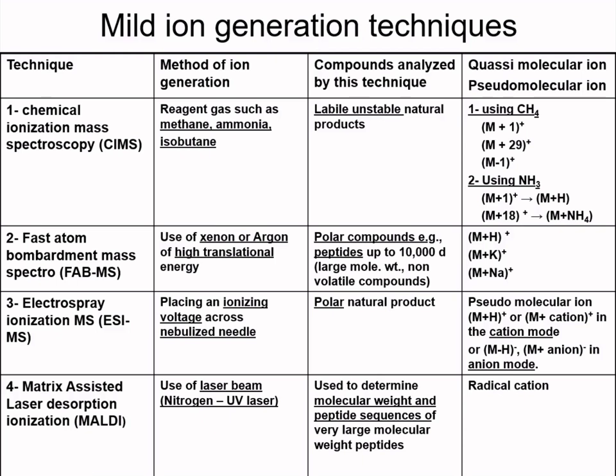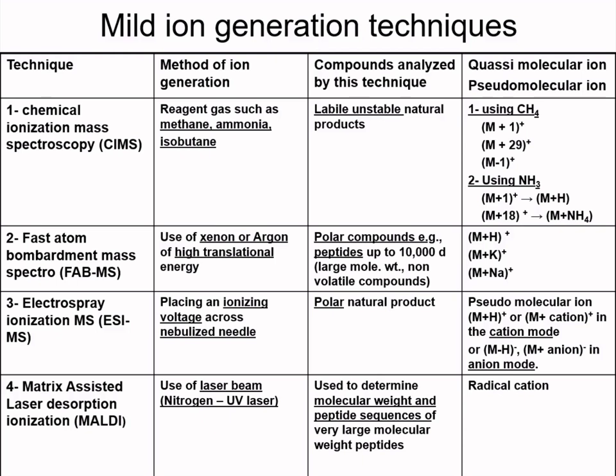The second mild ion generation technique is fast atom bombardment mass spectroscopy, FAB mass. It is one of the common mild ion generation techniques, which uses xenon or argon of high translation energy to carry out the process of ion generation.